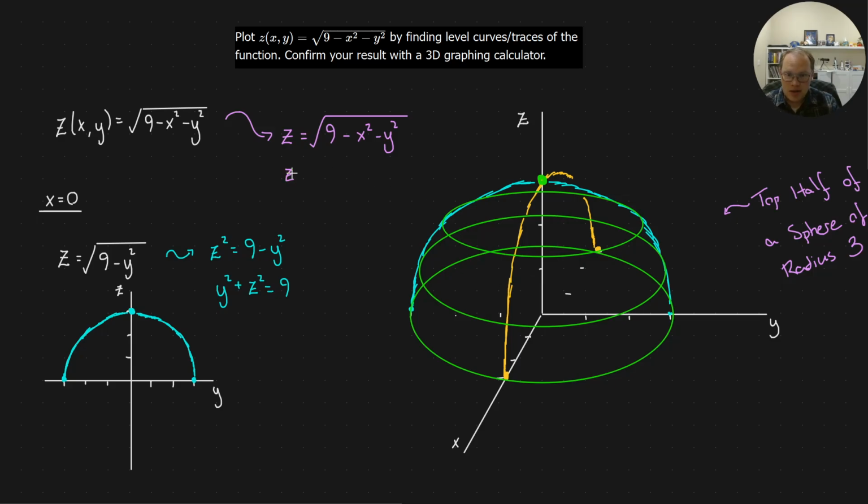We get z squared equals 9 minus x squared minus y squared. Add the x squared and y squared to the other side. That's the equation of a sphere of radius 3. But because we squared, going from this step to this step, we lost the sign information. So going back to our very first step, we know we are dealing with a sphere, but because of the original equation, we know z has to be positive. So it's only the upper half sphere, only the part of the sphere where z is positive.